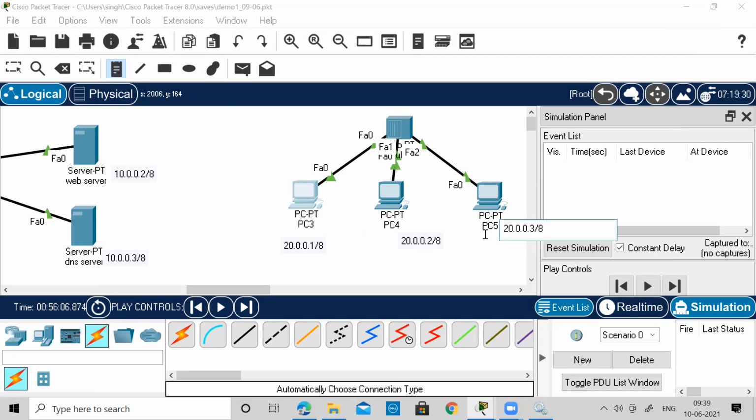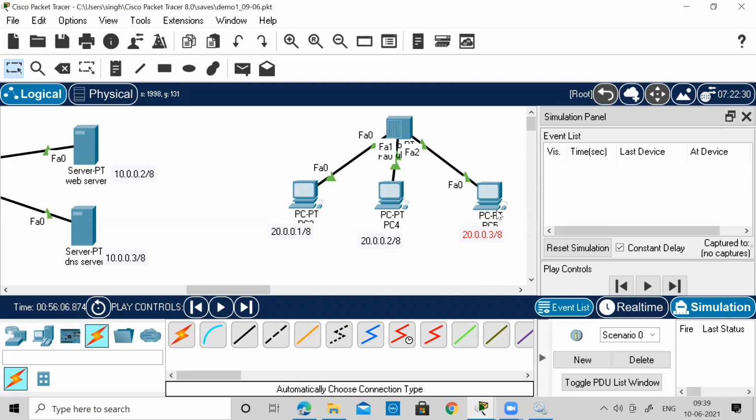Now these two computers want to talk to this PC5, which is given the IP 20.0.0.3. They sense the medium, and they saw that it was free, that nobody is communicating, so let me start.